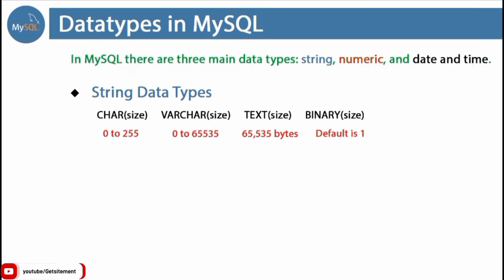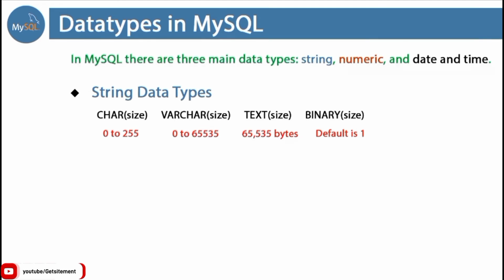Our first data type is char and it has some limitation. We can use only 0 to 255 characters. Then comes varchar. Most of the time we use varchar and we can use characters between 0 to 65,535.